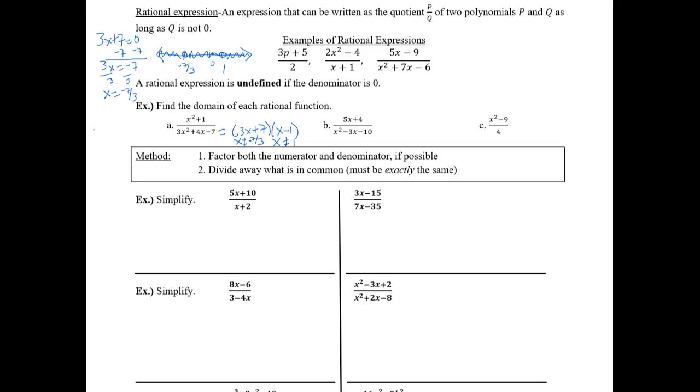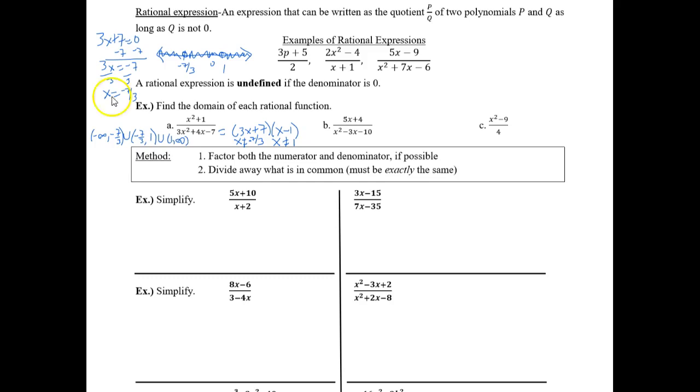So starting at negative infinity, going up to negative 7/3, not including 7/3, so I use a parenthesis, union, still not including negative 7/3, going up to positive 1, not including that, union, starting at 1, and then going up to infinity.